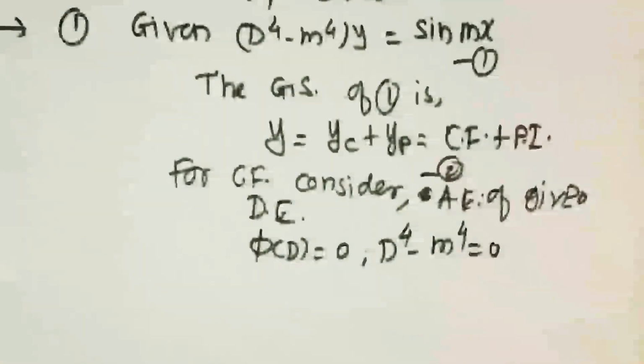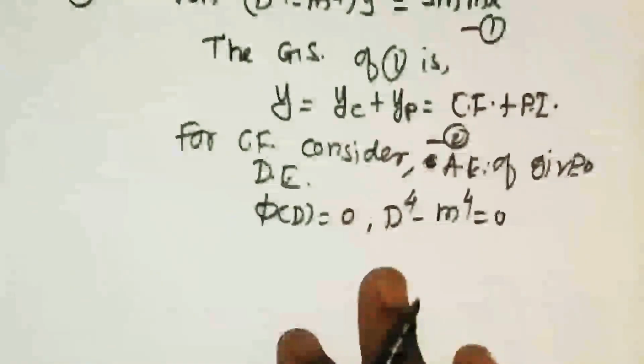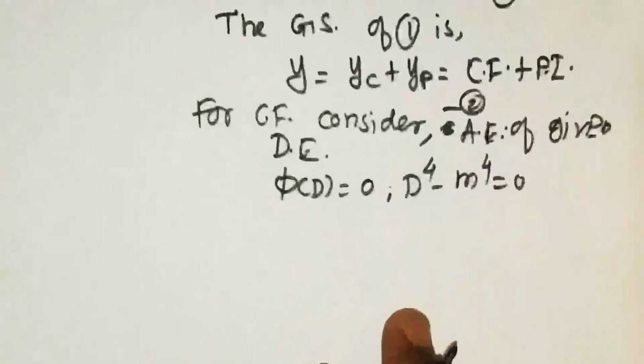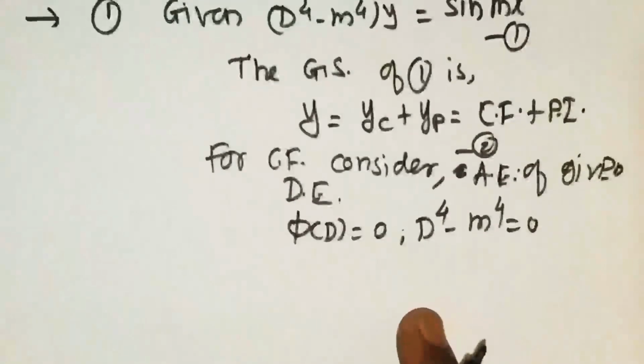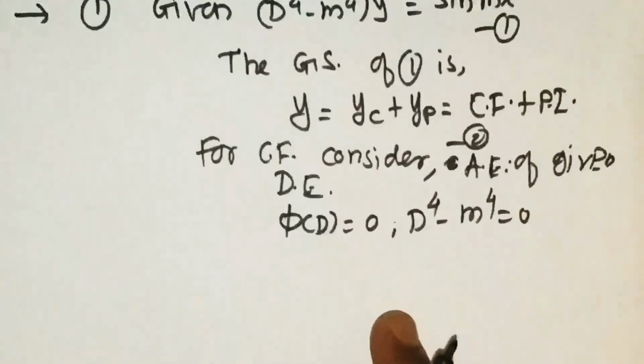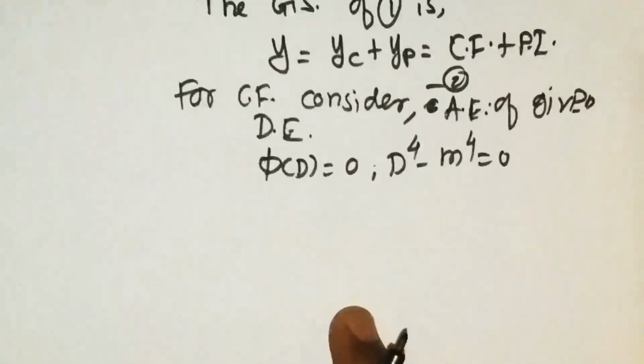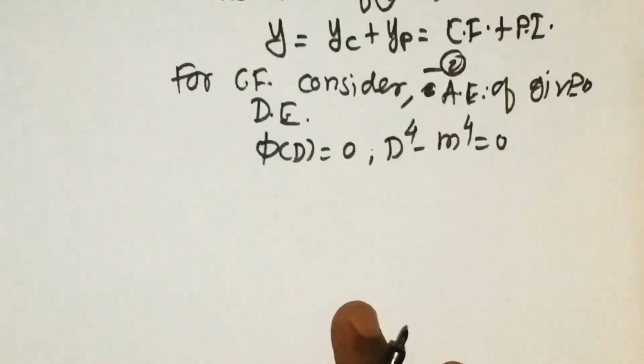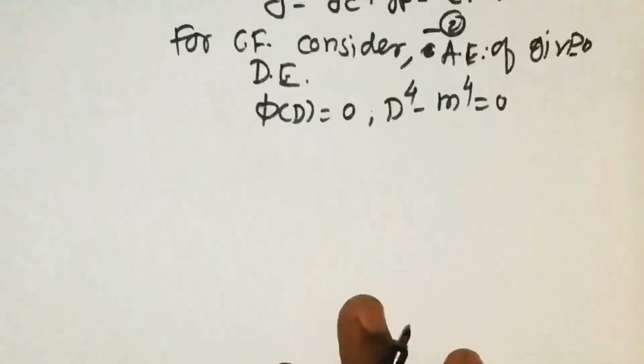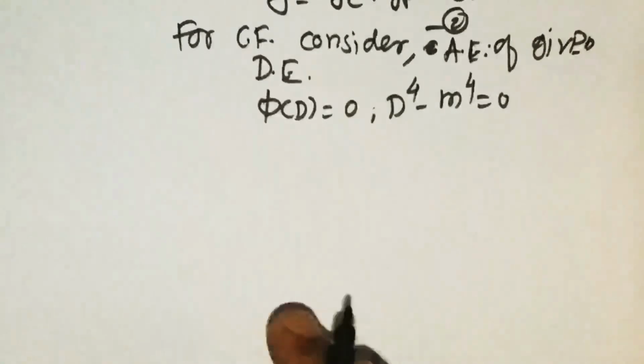The next thing we have to do is calculate the factors or roots of this polynomial. There will be a total of 4 roots. Once we get the 4 roots, we use the rules of writing CF, and depending upon the nature of roots, we write the complementary function of the given differential equation.